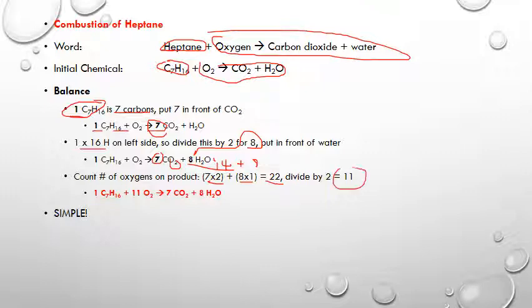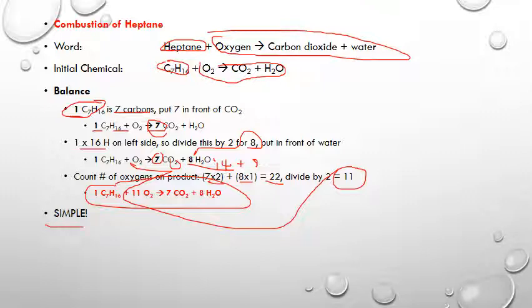Divide by 2 is 11. And that goes in front of the O2. There you go. So it's simple. Simple pattern here. Remember, this will only work for combustion of alkanes.